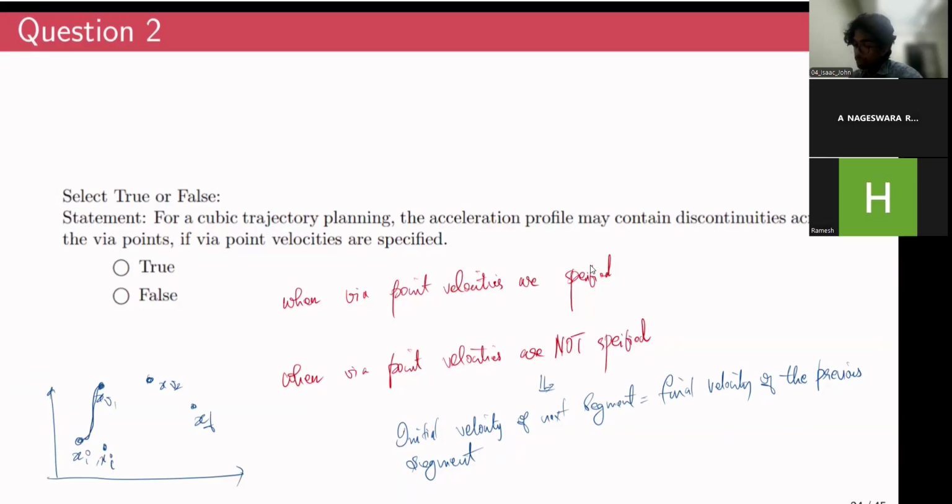If xv dot is not specified, we enforce one constraint that the final velocity of the first segment would be considered as the initial velocity of the second segment. We enforce that constraint. And final velocity of the second segment would be the initial velocity of the third segment. So if we enforce that constraint, is it more likely to find discontinuities in acceleration or less likely to find discontinuities in acceleration? What could be the case?